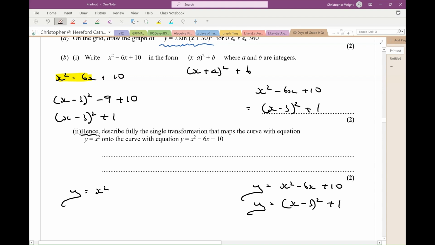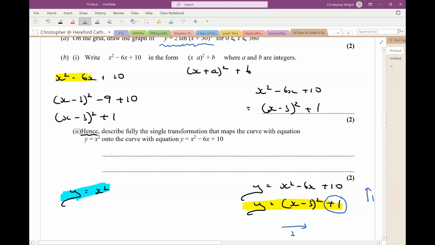So now you can read off the vector that you need to translate this curve by. The plus 1 means that the curve will move 1 in the y direction. And the minus 3, that's inside the bracket. Remember, that means it's going to move the wrong way, so it's going to move 3 that way.